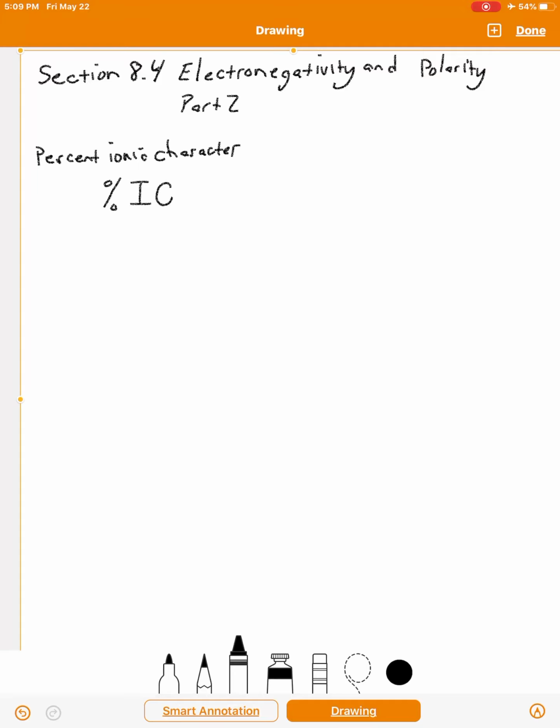And the percent ionic character, let's put the formula down, is equal to the dipole moment that you measure, or observed.